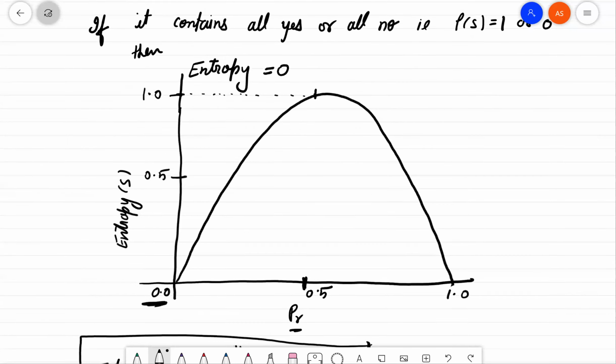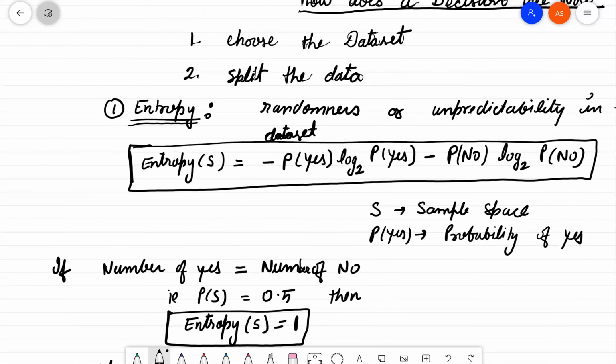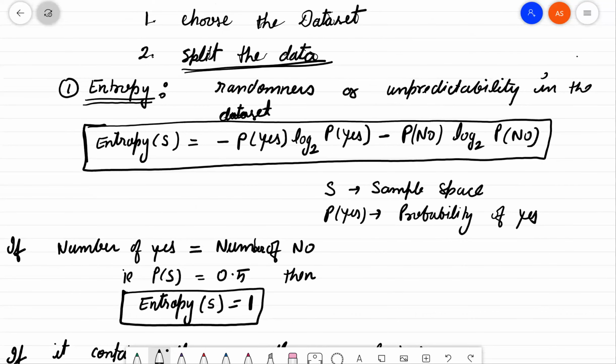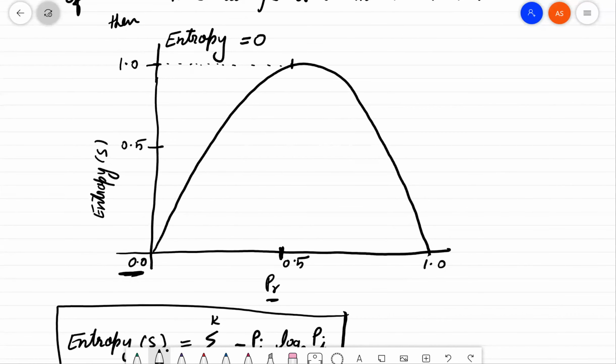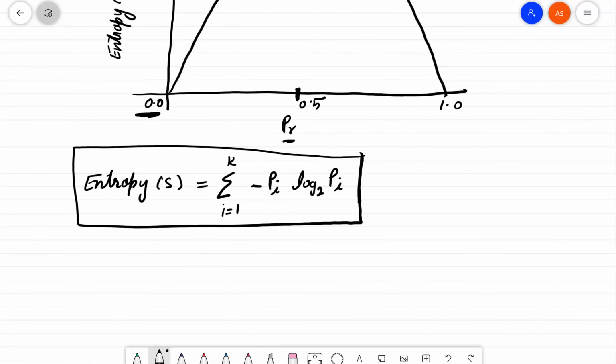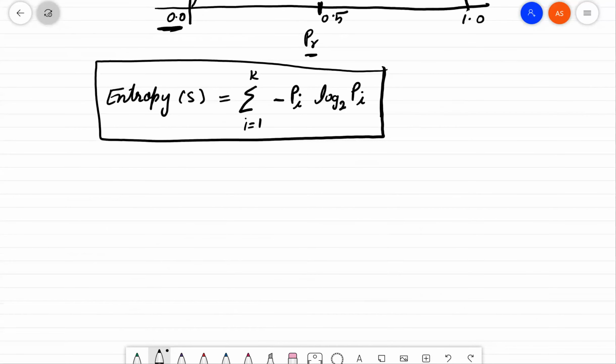So for splitting the data, first of all we have to calculate the entropy of the entire sample space, and then we further subdivide the data, and again calculate the entropy, and on the basis of the entropy we further calculate the information gain.